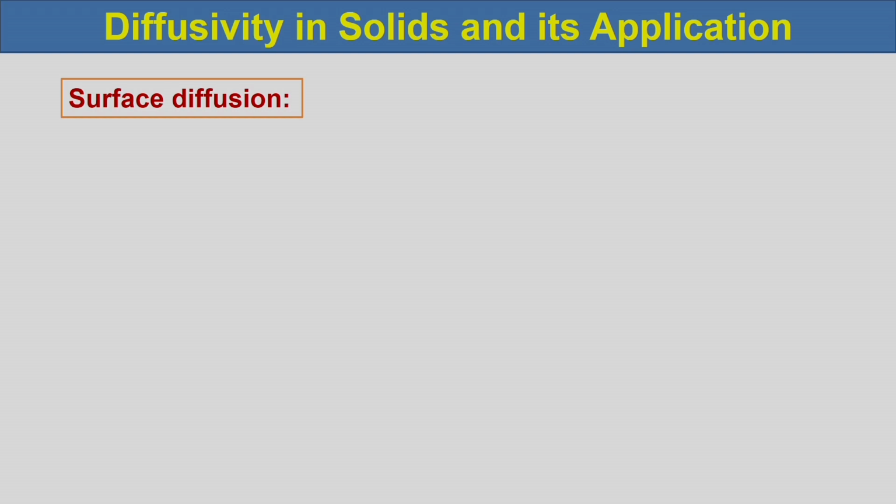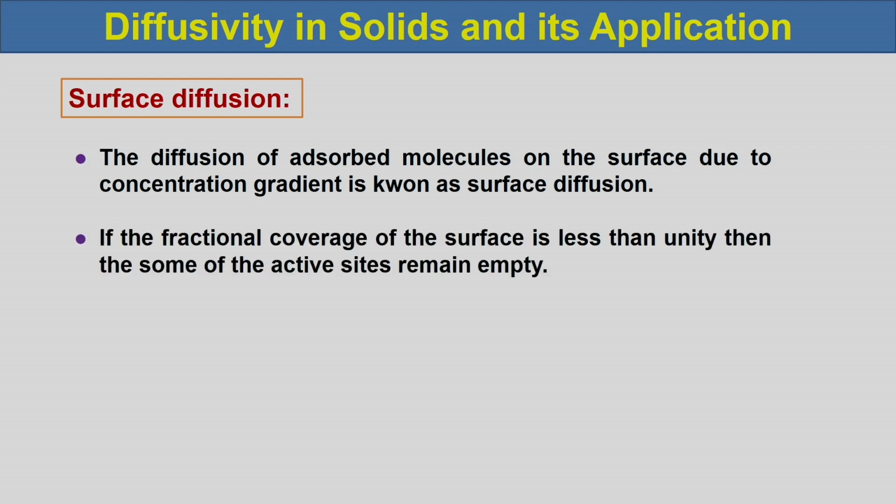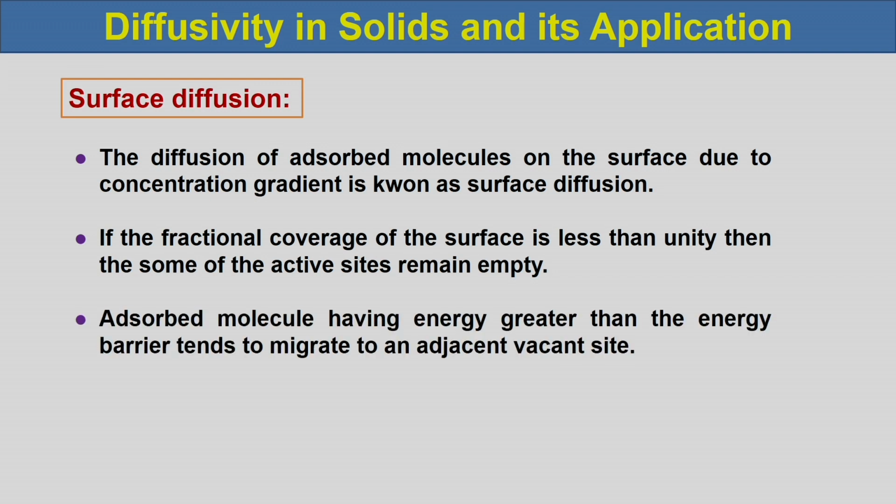Now, another thing is surface diffusion. The diffusion of adsorbed molecules on the surface due to a concentration gradient is known as surface diffusion. If the fractional coverage of the surface is less than unity, then some of the active sites remain empty. So, in that case, adsorbed molecules having energy greater than the energy barrier tend to migrate to an adjacent vacant site.